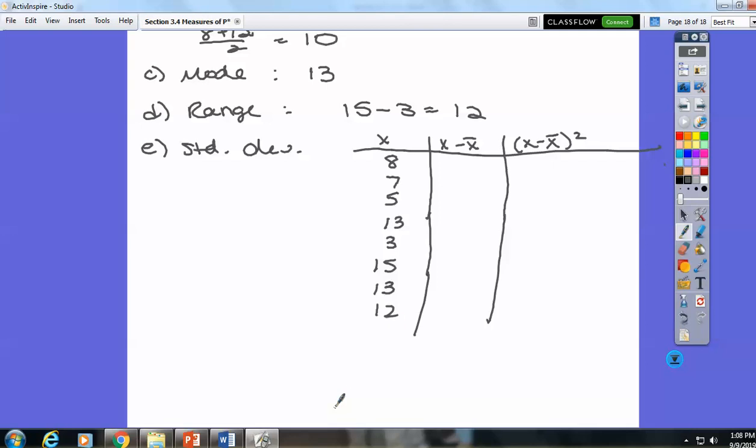For the sake of time, I don't know if I'm going to work all this out, but we do each of these minus your mean, right? What was my mean? 9.5. Okay, so you do 8 minus 9.5, square your answer.